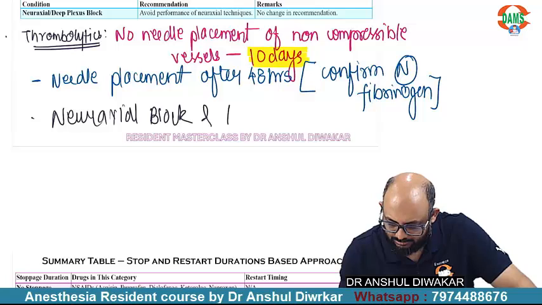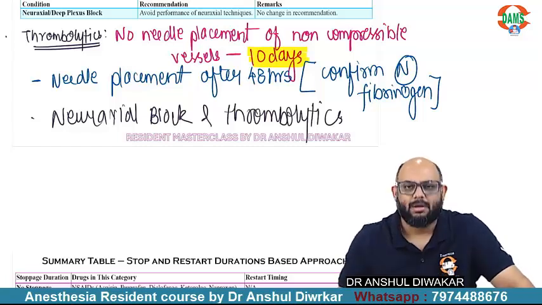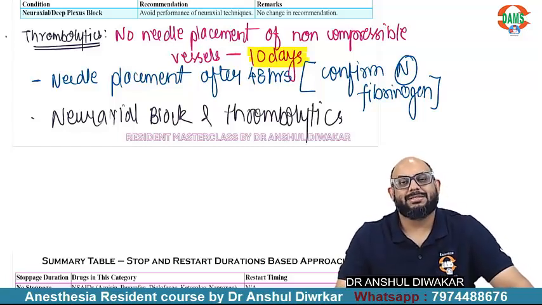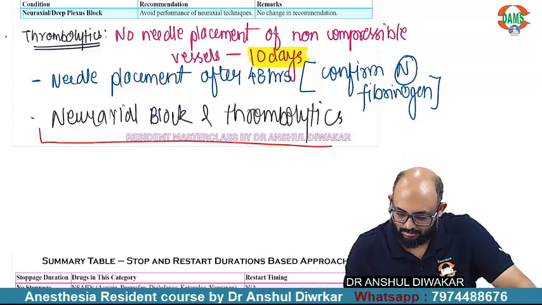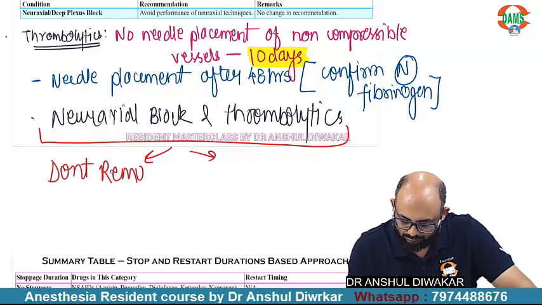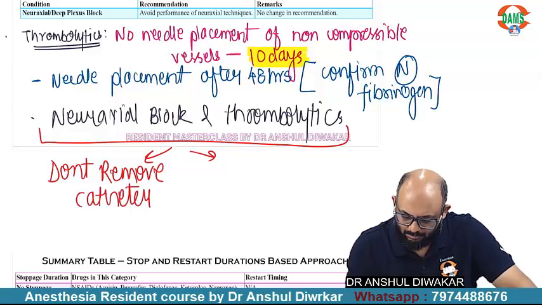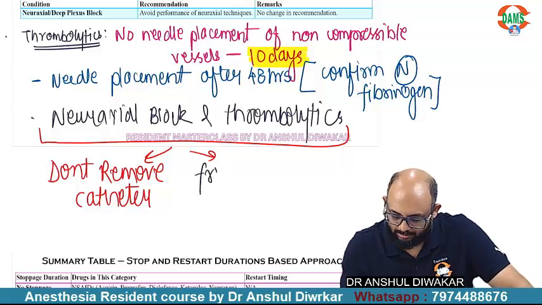Now neuraxial block and thrombolytics में क्या करेंगे? Ideally तो you don't want to give, but suppose there is a neuraxial block, there is a catheter in situ and you have given the thrombolytics. So two things. First is don't remove the catheter. And then do frequent neurological monitoring.